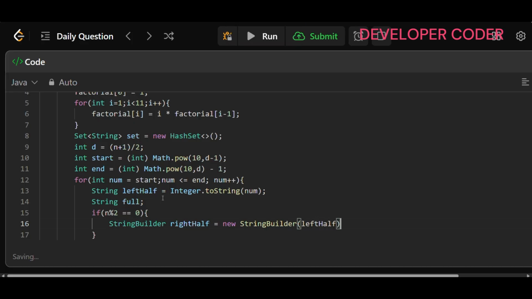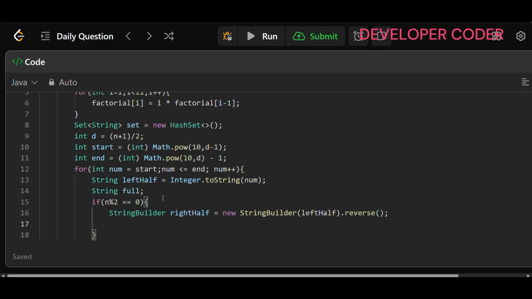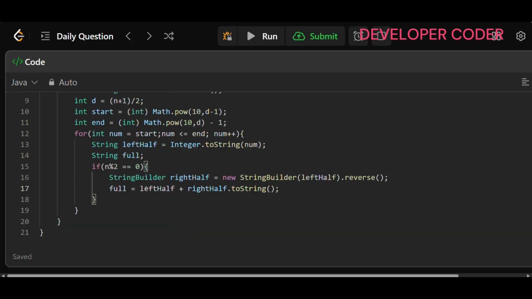Whatever the left half that I have, I'm just going to reverse it. So that is going to be my right half. If I reverse it, now in the full, I will just append. So here I will do left half plus, so it will just concatenate, right half dot toString. Done. So this is for even.